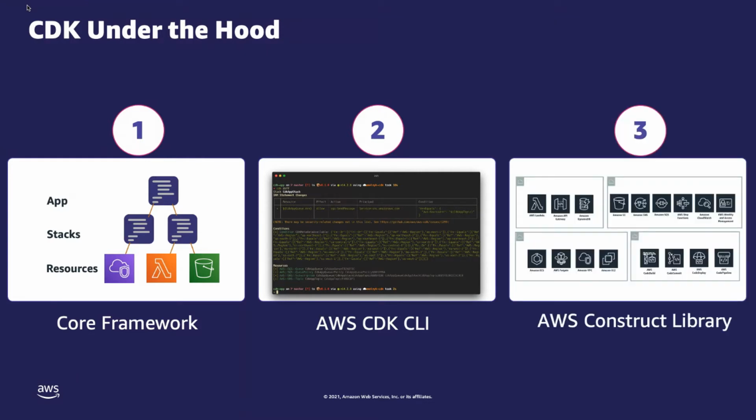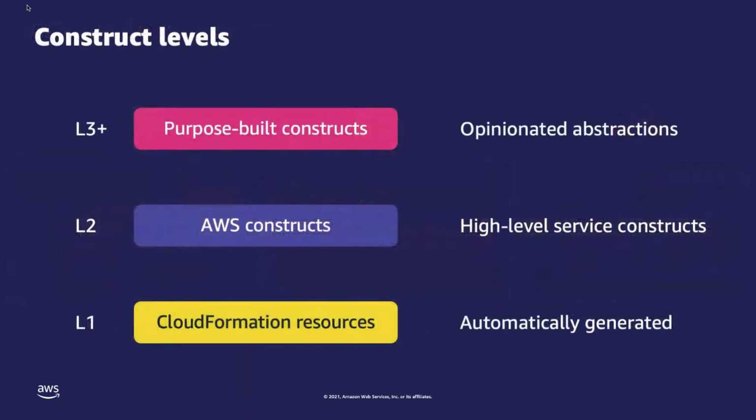And finally, this is where the magic of CDK lies, as Elad was touching on: we provide a set of construct libraries. If you are comfortable using CloudFormation and want a one-to-one mapping, you can use what we call L1 constructs.